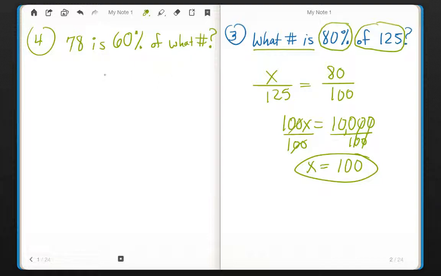So, before we get started though, let's circle the parts. What's 78 going to be? 78 is the is. What's the 60? That's your percent. It's attached to the percent sign. It has to be the percent. So then we're looking for the of, what number? Okay, so you put it in your percent proportion.